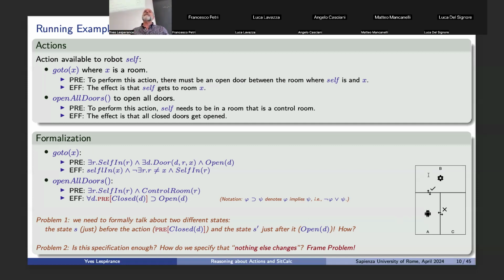And some of these are not really executable, like the situation go to C in S0, which is not executable because the door is closed.